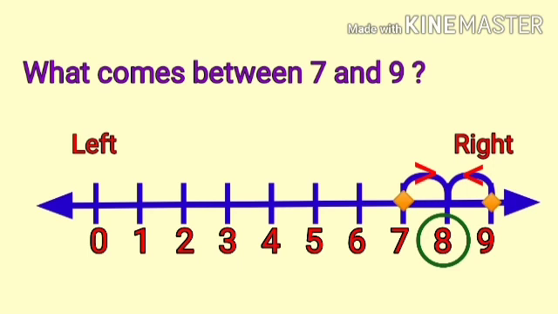That's why the number that comes between 7 and 9 is 8. Is it clear, children? The number that comes between 7 and 9 is 8.